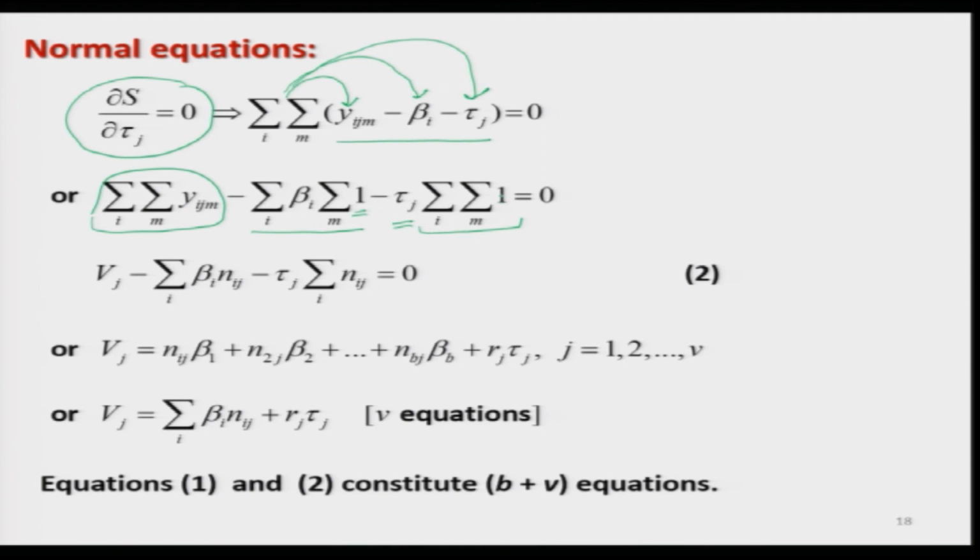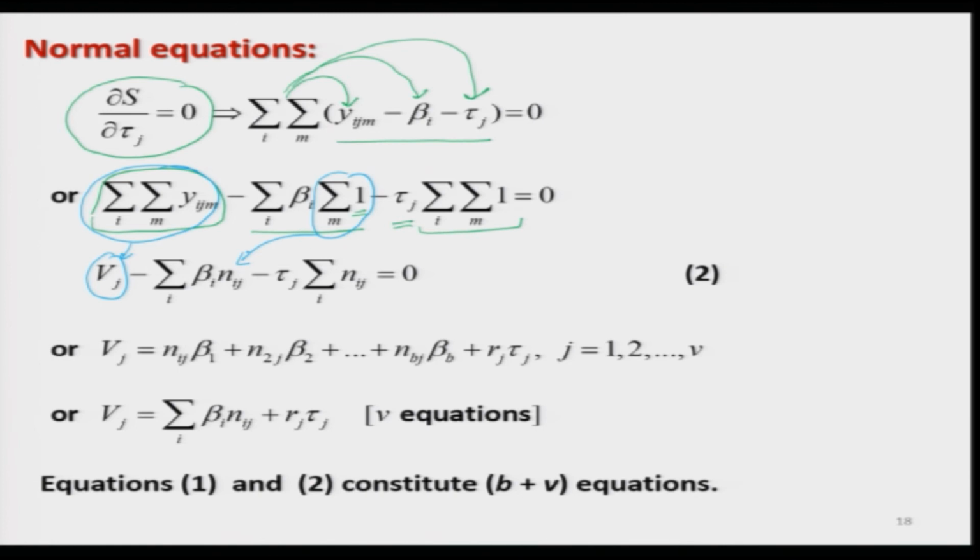Now if you try to see this term, the double summation y_ijm over i and m, this is simply your V_j, the symbol which you were given earlier. In the second term, this is going to be simply N_ij, that is the total number of times a particular treatment is occurring in a block.